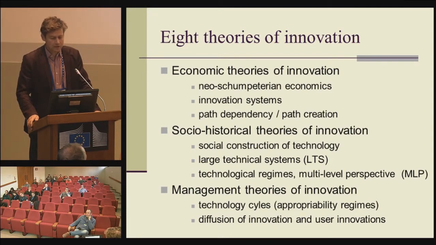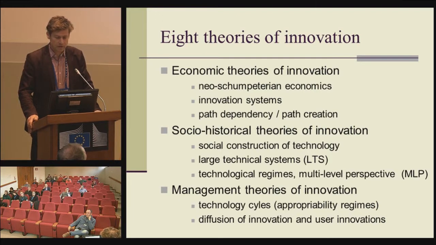If you start with economic theories of innovation, then there are some deviations from the traditional orthodox views, which is mainly based on what Schumpeter in the 1930s and 40s wrote about innovation and technology. And some further steps in innovation systems and later on path dependency. I will introduce them.